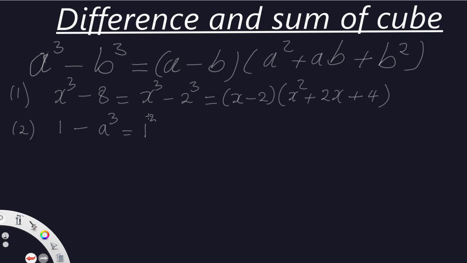So we have 1 exponent 3 minus a exponent 3. So our a, according to the formula, will be 1, and our b is a. Okay, so we'll have 1 minus a. Then we have a squared, which means 1 squared is still 1, plus a times b, which means 1 times a will be a. At the end will be b squared, which means a squared.